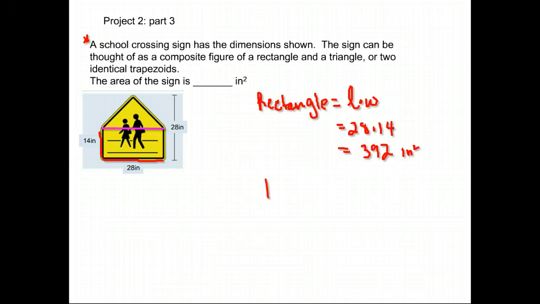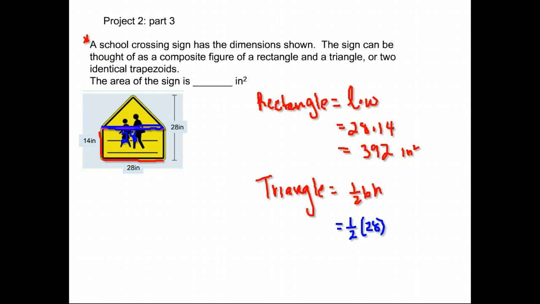Okay, now let's do the triangle. Now for the triangle, we need 1/2 base times height. Well, we have the base. I'll put it in blue. The base of our triangle is here, right across the bottom, and that is 28. Okay, so far we have 1/2 times 28.